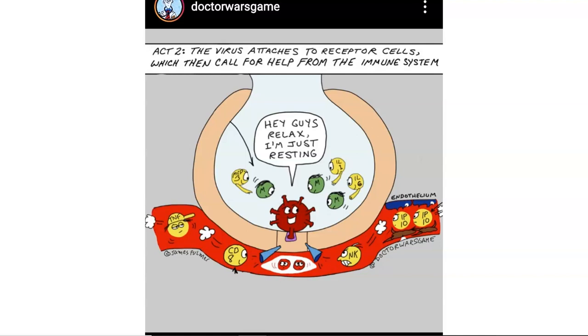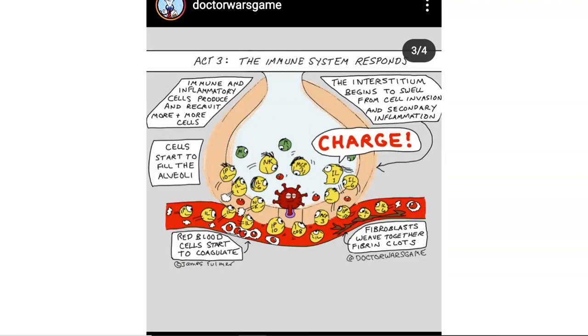And the normal response to that is for all of these immune proteins and cells to respond. One of the ways that your body deals with an infection is through the inflammatory response. So you have like interleukins and all of these different cells moving into the space.